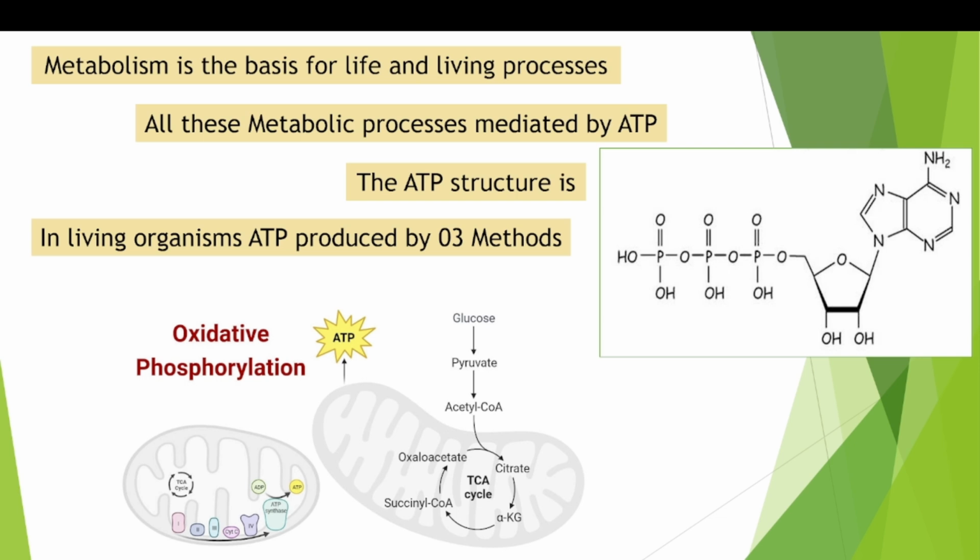These NADH and FADH2 then enter the electron transport chain through complex 1, complex 2, complex 3, complex 4, and finally it produces ATP. This process is known as oxidative phosphorylation. It takes place mostly in animals, or whatever organism contains mitochondria. This is one way of ATP production in living organisms.